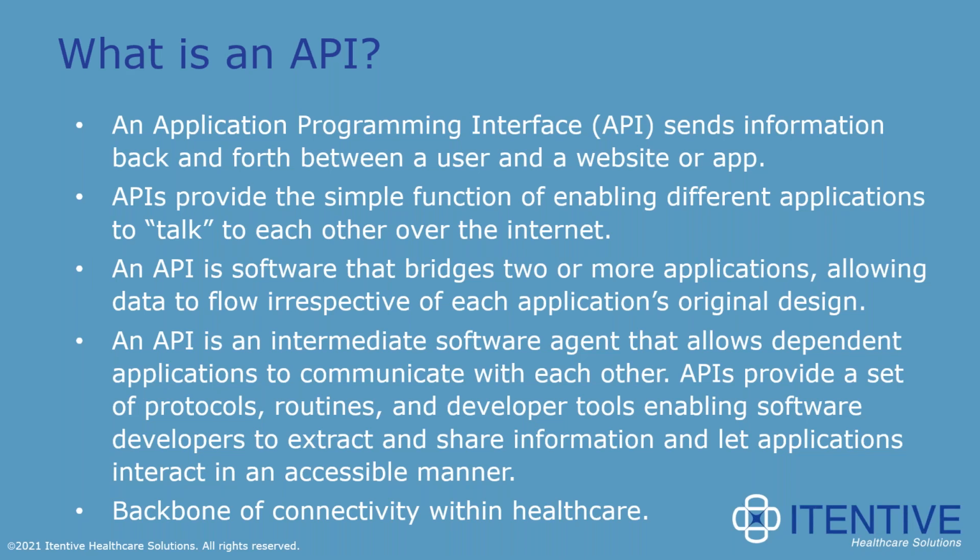So in the simplest terms, as promised, an API is a software that sends information back and forth between a website or app and a user. And these are among the fastest growing software technologies in the world, influencing the way we work and play in the real world and interact with each other online, and are very quickly becoming the backbone of connectivity within healthcare.